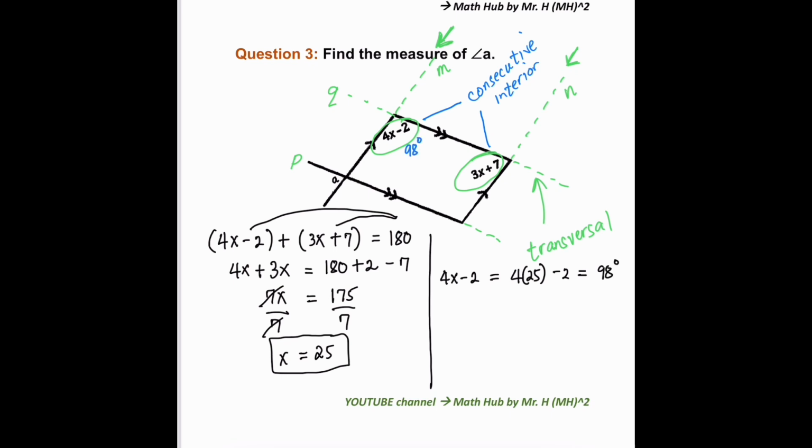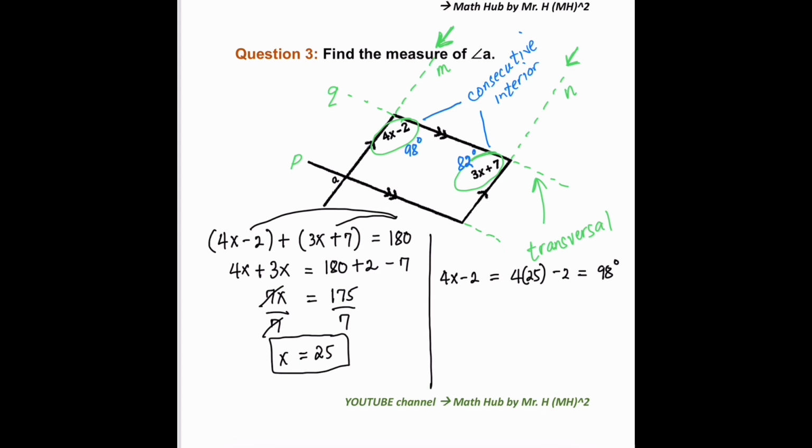Now, since these two are consecutive interior angles, we just subtract 98 degrees from 180. This one must be 82 degrees.